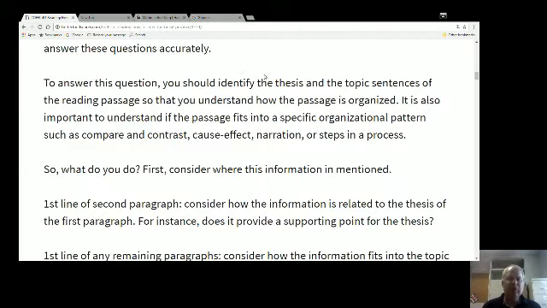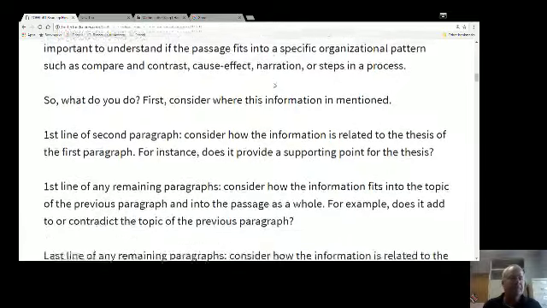The thesis may be right at the beginning of the introduction, or it could be in the second paragraph. Here's a good tip: if you're not sure whether something is a thesis, look through the first line of all the body paragraphs and see if there's a connection. If the answer is no, then you should probably keep looking for the thesis.